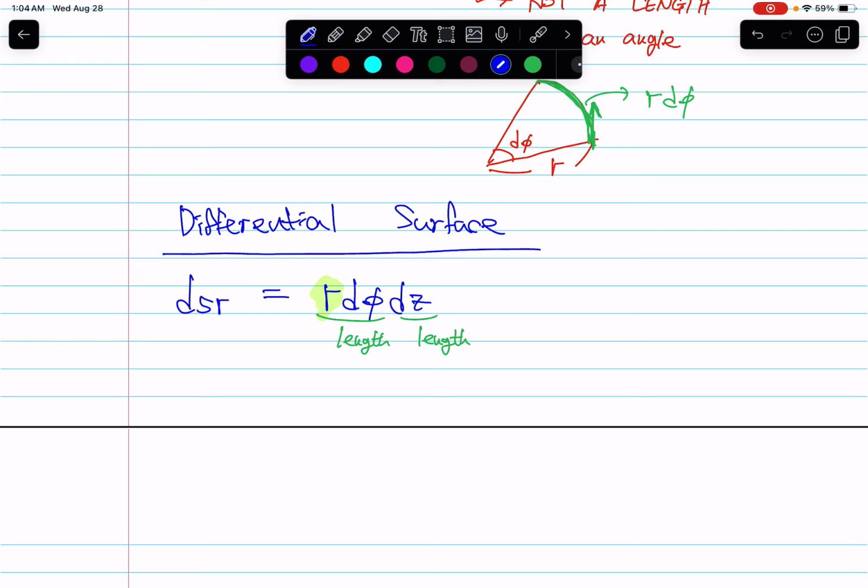Similarly, ds pi is dr dz, and dsz is r d pi and dr. Okay, these are the three differential surfaces.